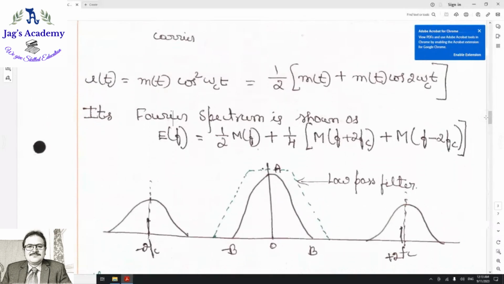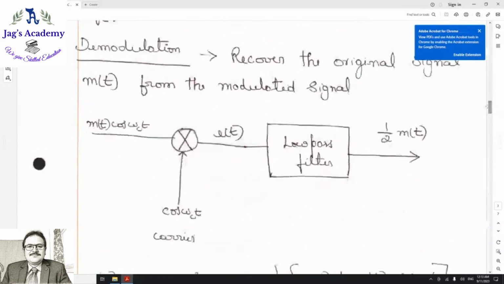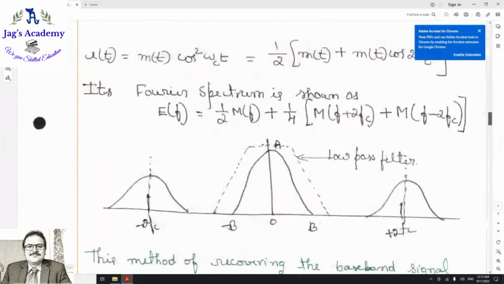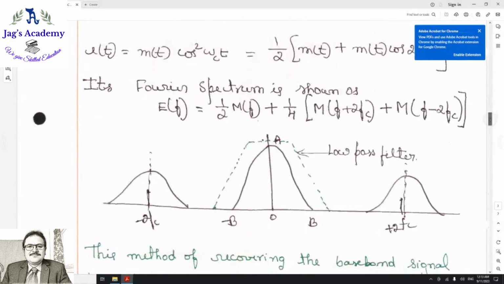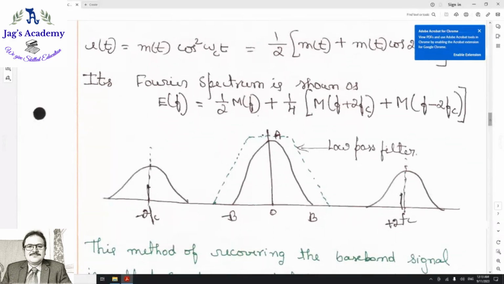This is what you get, and you are going to pass it through a low pass filter. So once you pass this through a low pass filter, what's going to happen? See, this is what you get in the frequency domain. So the cutoff frequency of the low pass filter is B hertz. Now once you pass it through the low pass filter, what will happen, tell me?